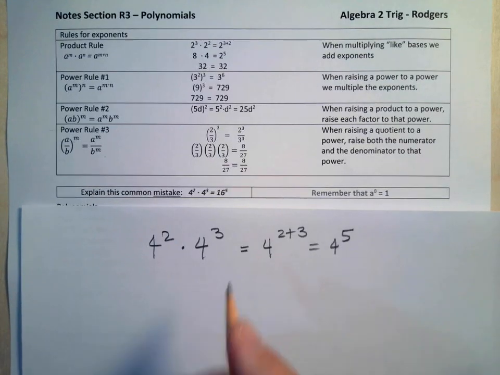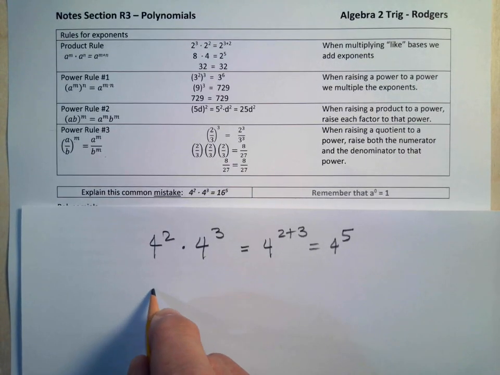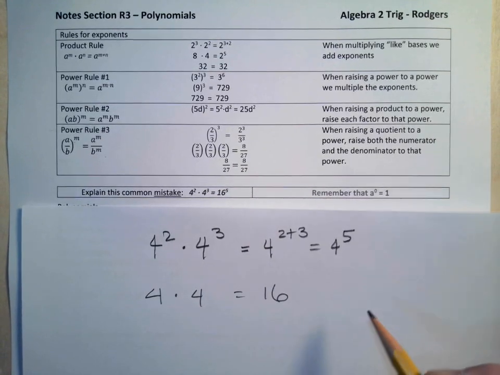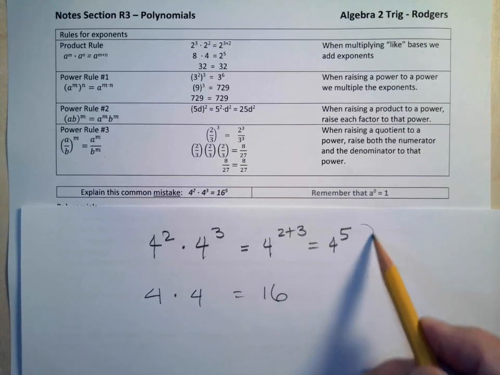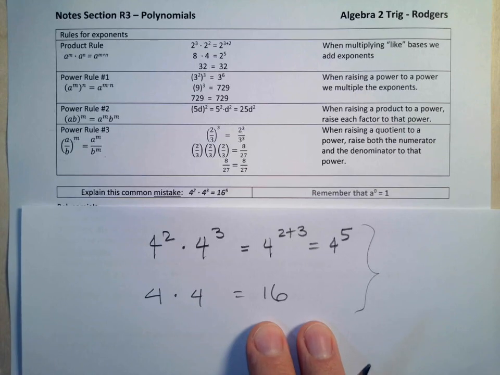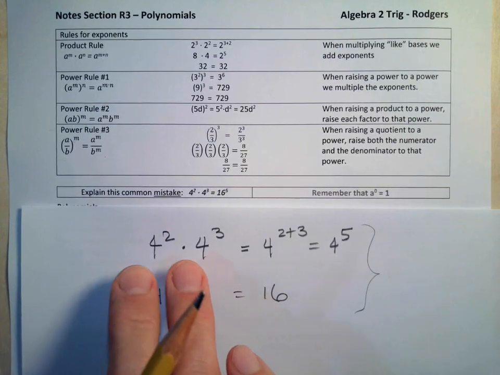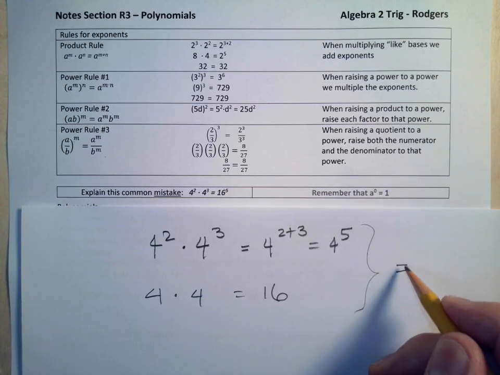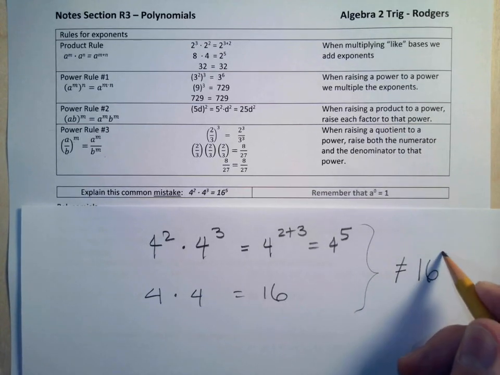Often what I see, from previously, like, I don't know, 3rd grade, 4 times 4 is equal to 16. So often we see that people combine these two things and they say, oh, okay, I'm going to multiply the bases and add the exponents, and they write that this is 16 to the 5th power.